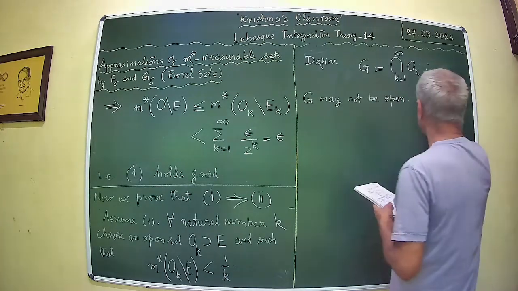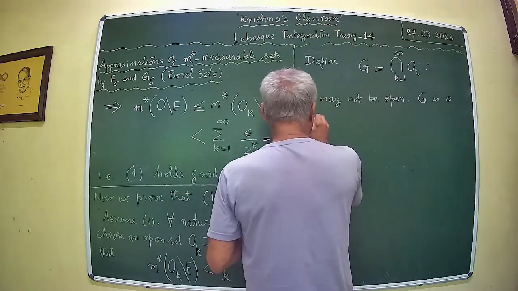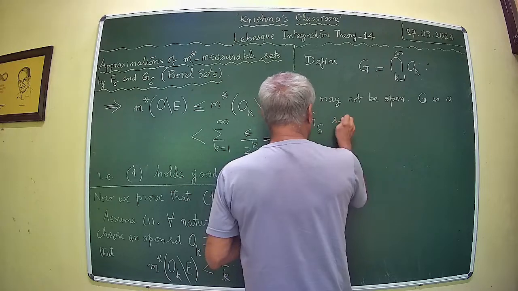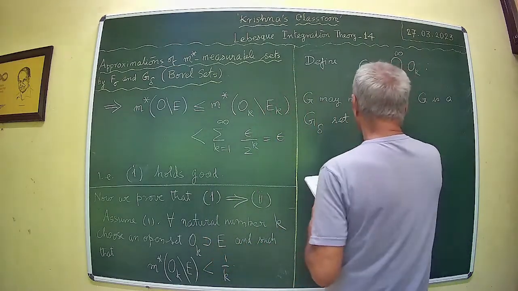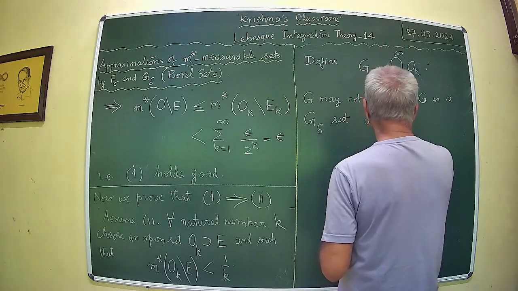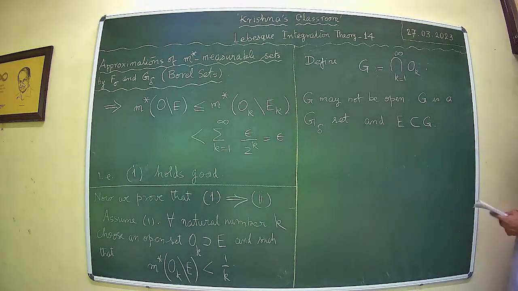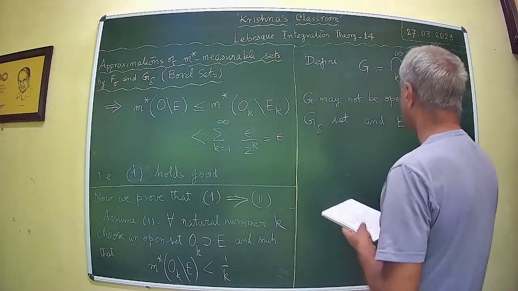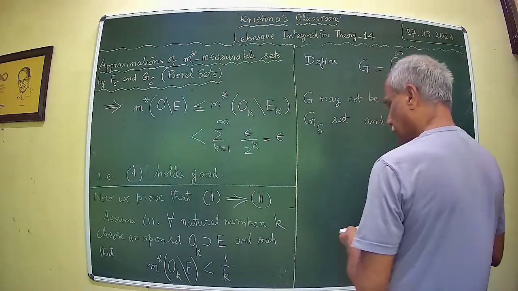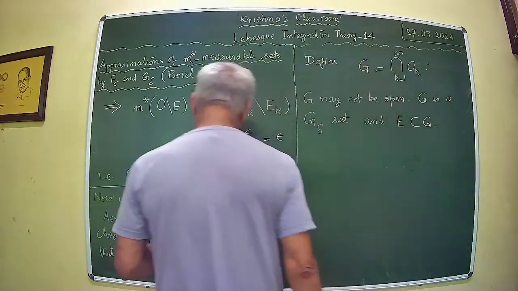And G is a G delta set, and we have E is contained in G, because E is contained in each one of these.